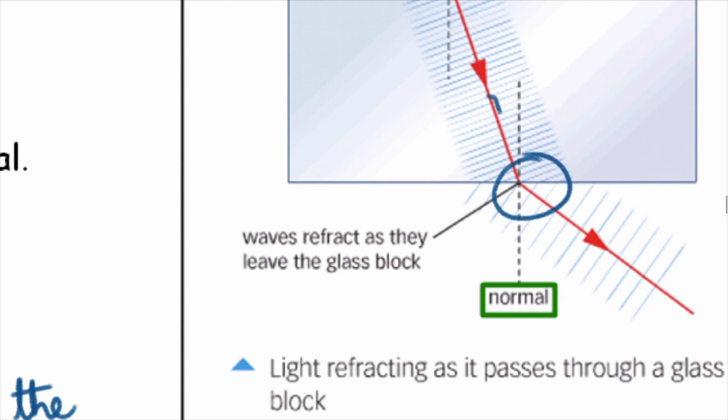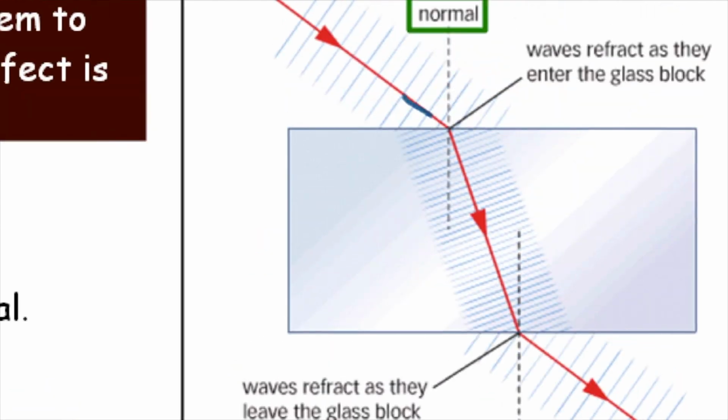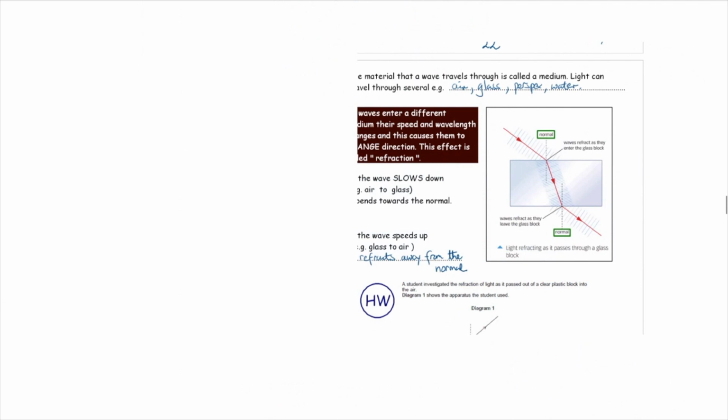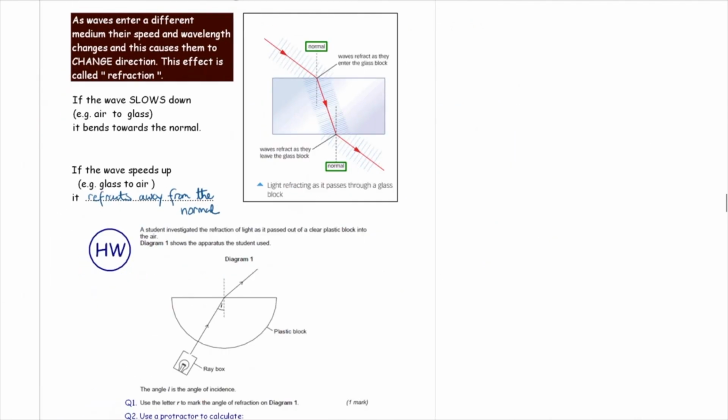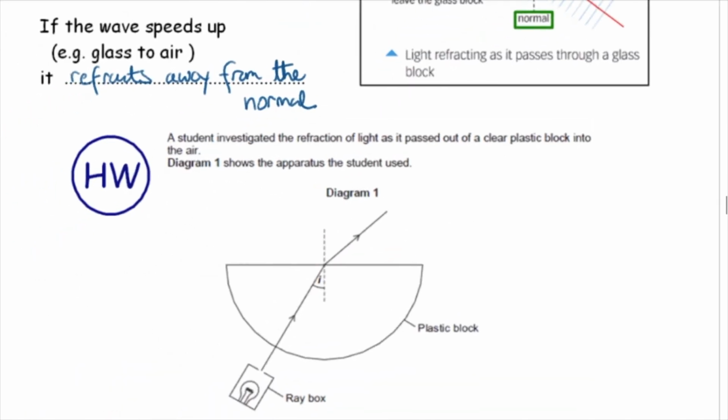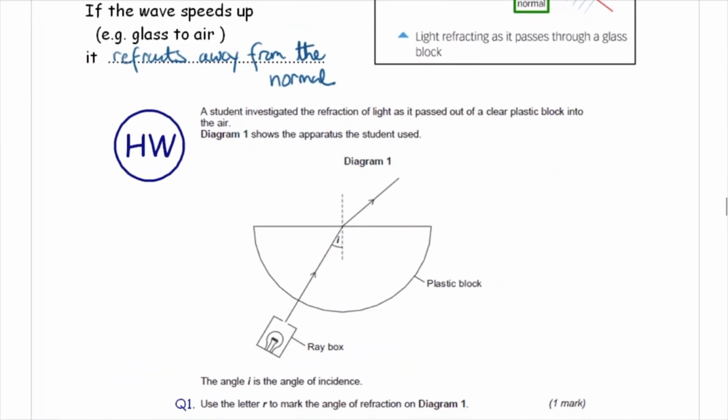It's refracting further away from that normal. And here, when it slows down, it goes that way, towards the normal. Overdid that. Zoom function, overcooked it.